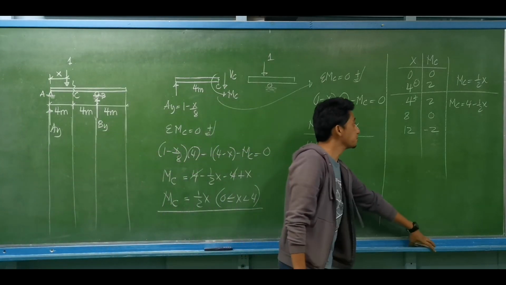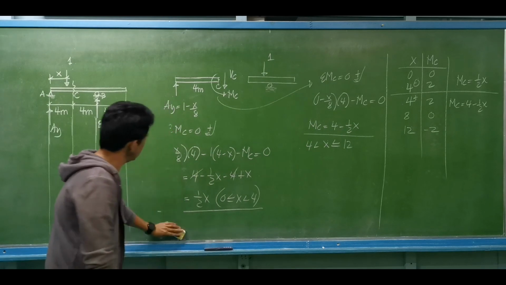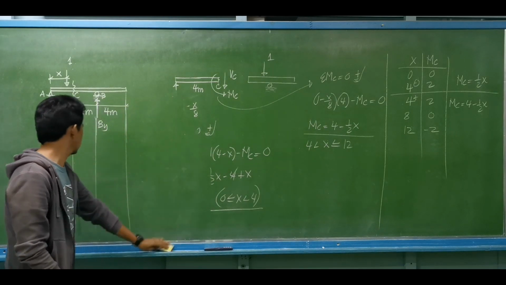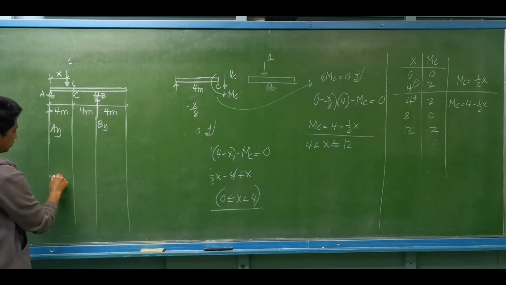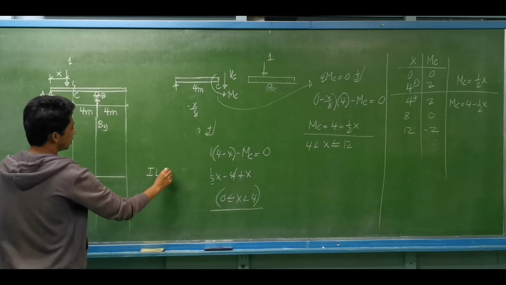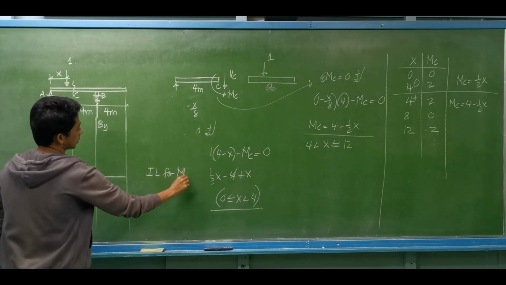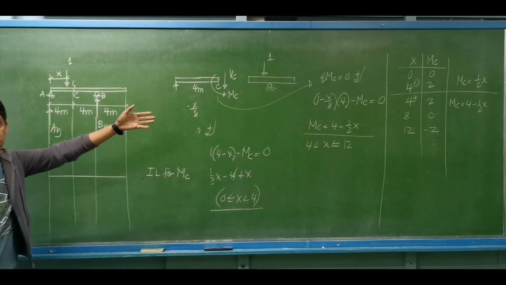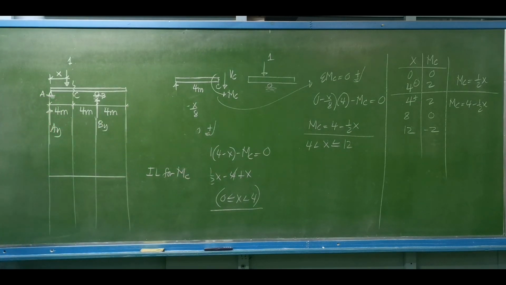So this is the influence line for the moment at C. Let us just plot the values. At x equal to 0, that is 0.